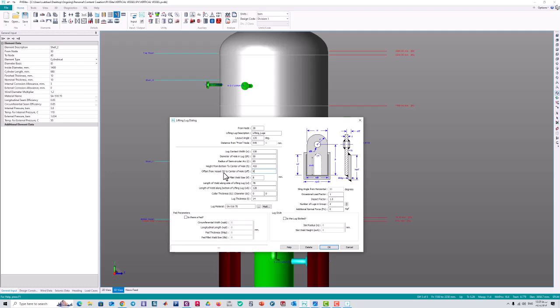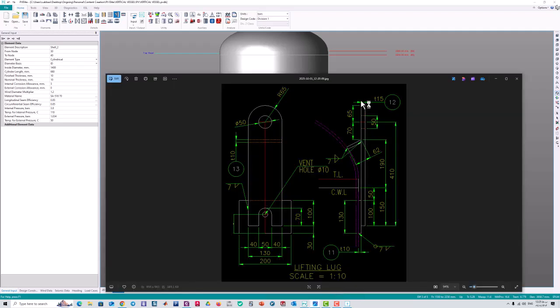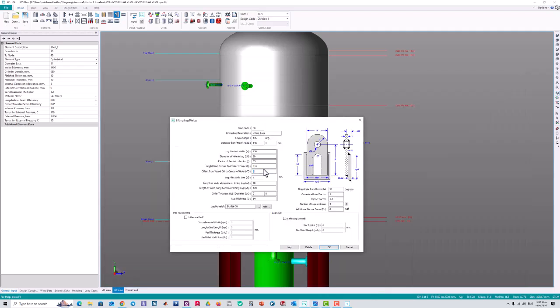This value is from the OD surface of the vessel to center of the hole. 15/2 plus 10.